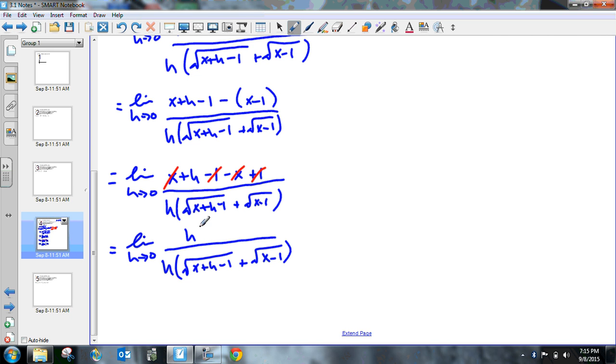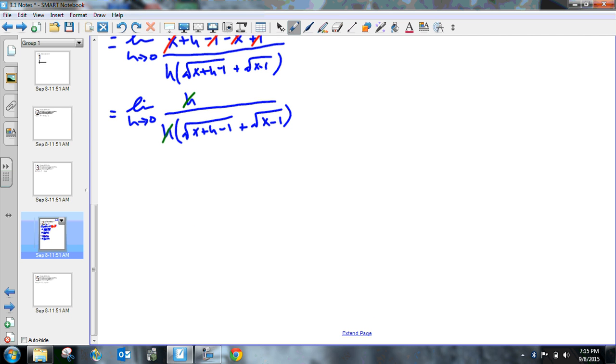Our h's divide out. We get rid of them. Okay, and so then my next step is going to be the limit as h approaches 0 of 1 over the square root of x plus h minus 1 plus the square root of x minus 1.